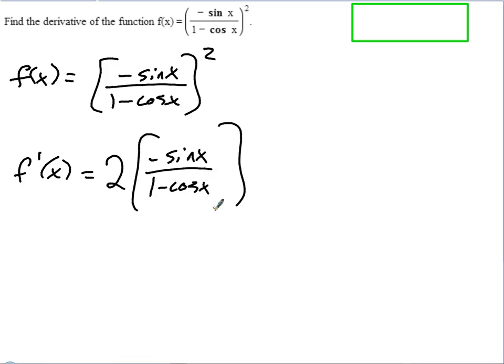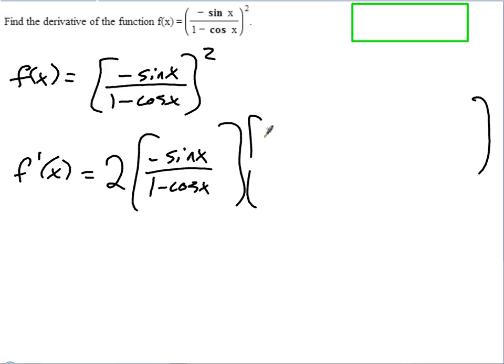Okay, now if I peel away that outside layer, what have I got? I got a quotient. So I got to multiply this whole thing by the derivative of that quotient, right? That quotient rule, that's the harder one. So what's the quotient rule going to look like? What times the derivative of what is the first term? Okay, good. Bottom times the derivative of the top, right?